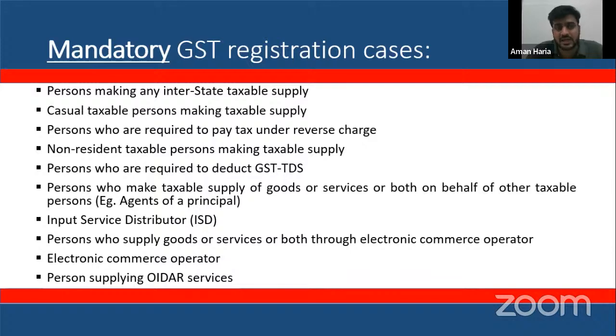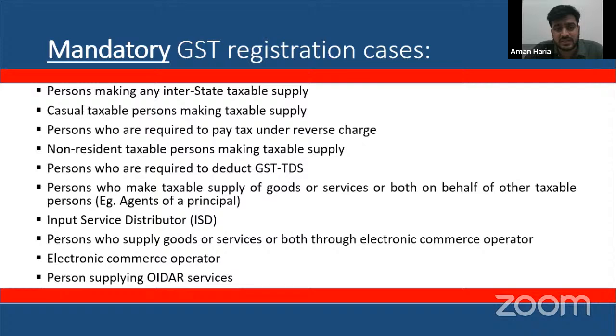Then in that case, I am expected to pay tax under reverse charge mechanism, and hence I am expected to first obtain registration and then pay tax under registration and reverse charge, and then do the compliances as required in those cases.